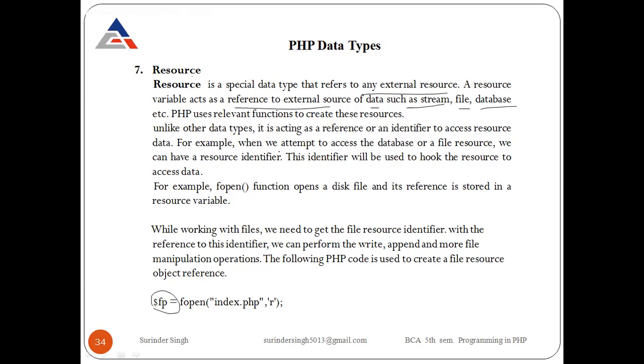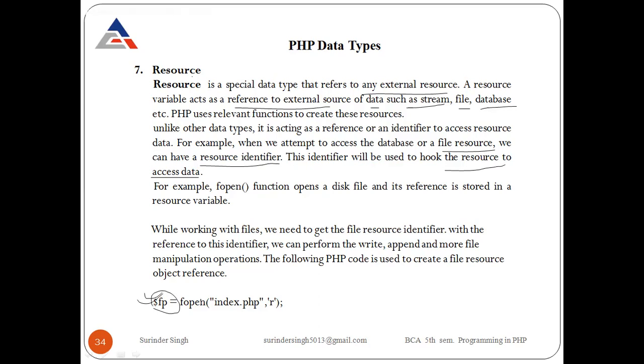For example, when we attempt to access a database or a file resource, we can have a resource identifier. An identifier is the name which we give to a variable, like here. This variable has the name fp, meaning file pointer. This identifier will be used to hook the resource to access data.